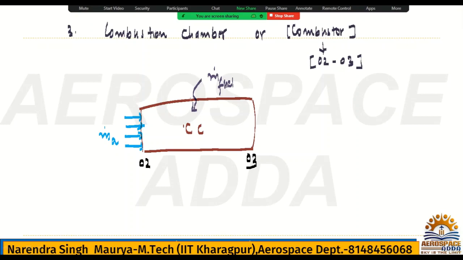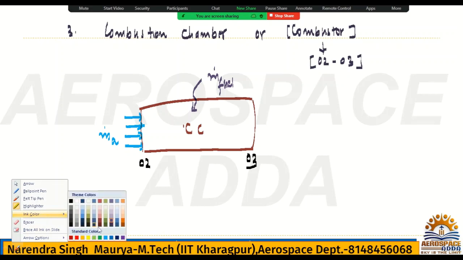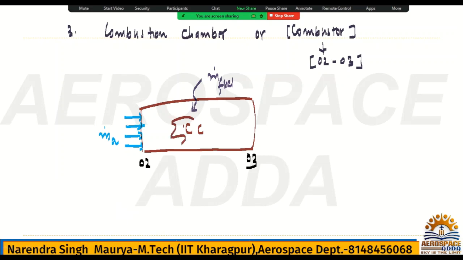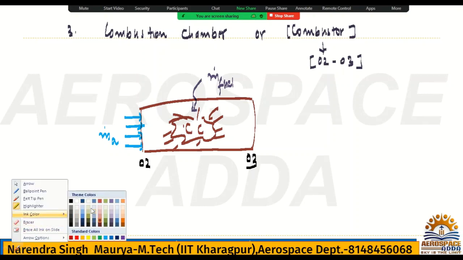Then what will happen after adding the fuel? It will start burning. So here the combustion will be starting. Combustion starts here in the combustion chamber. Then what is the mass flow rate coming out?